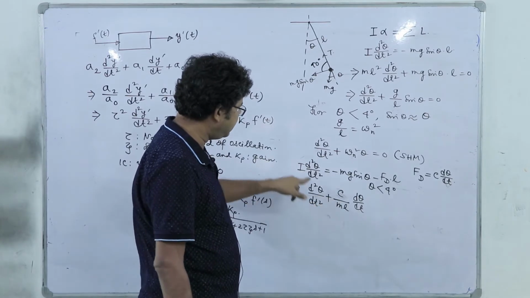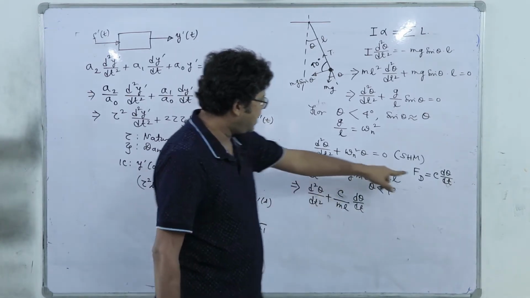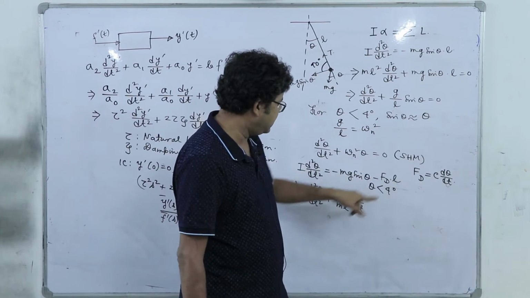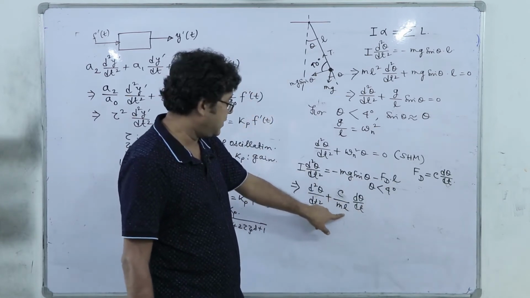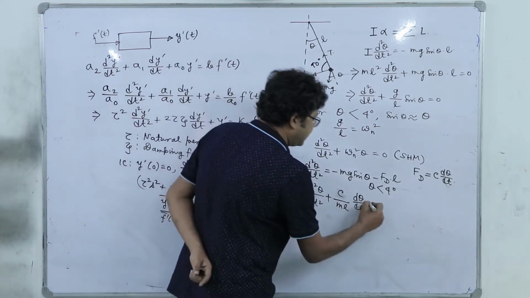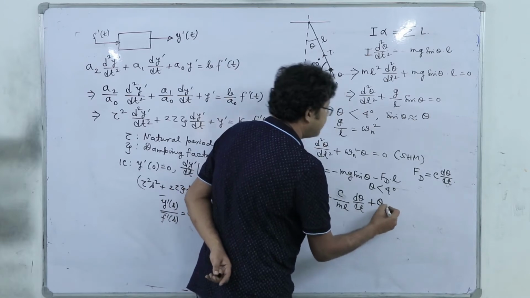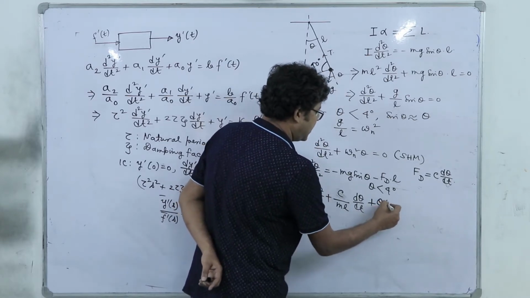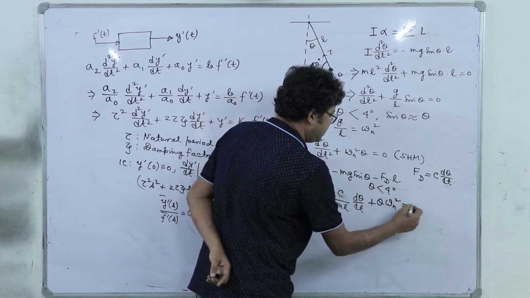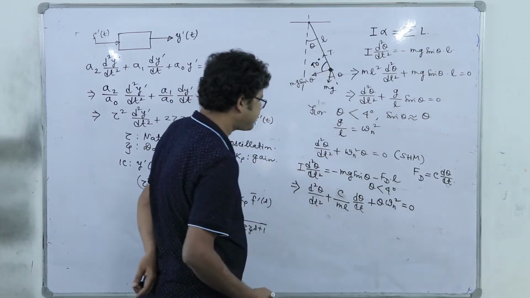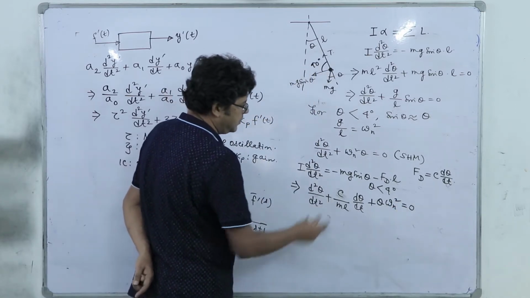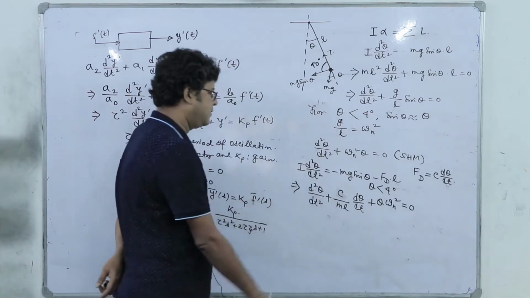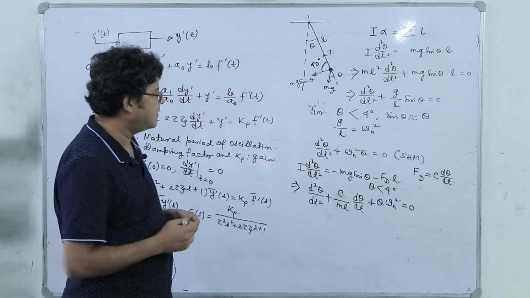So C divided by ml square, and there is also an L here, so that cancels out, giving C by ml into d theta dt plus theta into omega n square is equal to 0. So let us keep this as it is.